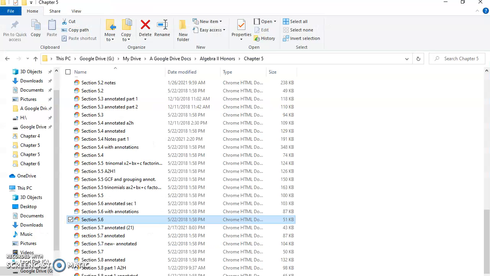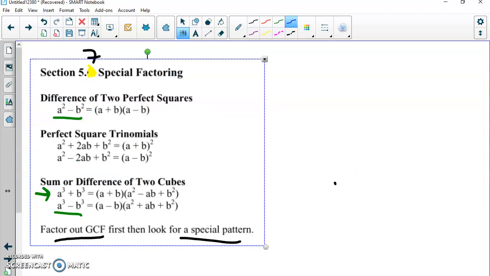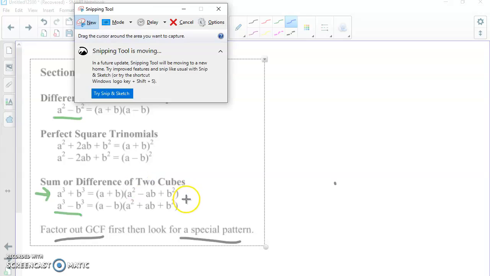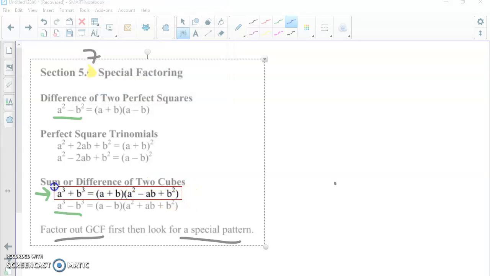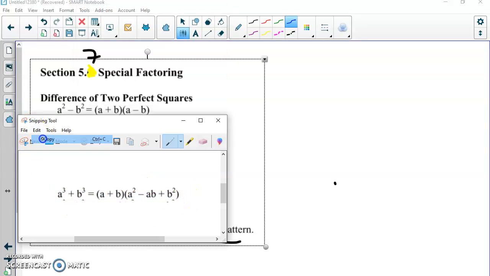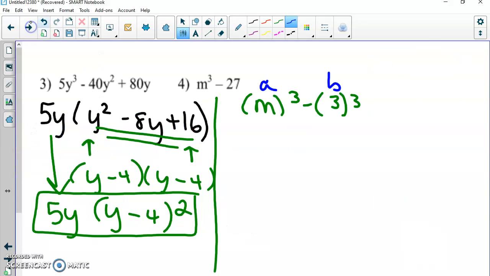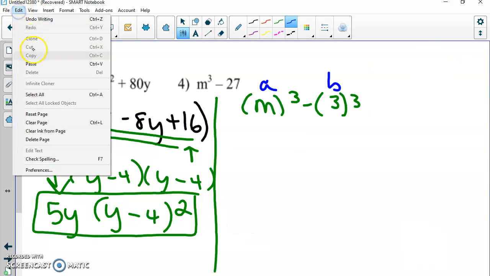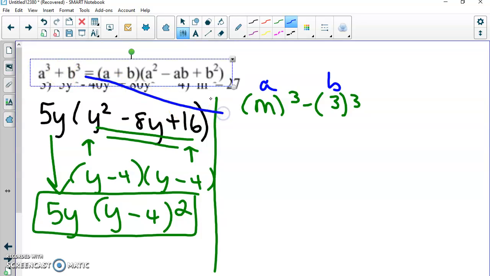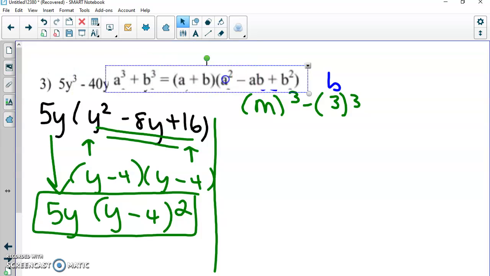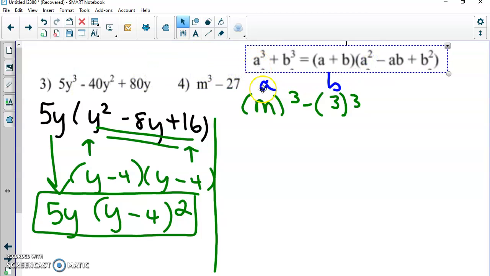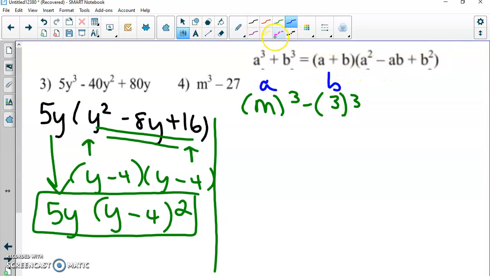The sum of two cubes formula, wrong thing. Oops. So A is M and B is 3. So we are plugging in for that formula. We have a binomial and a trinomial.